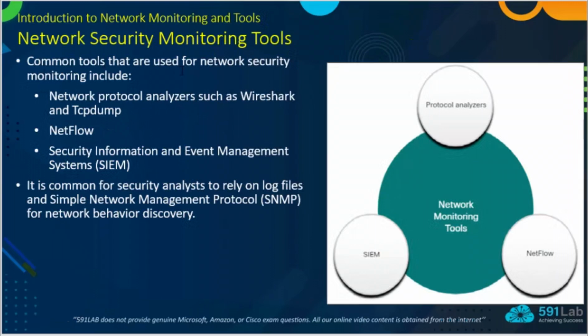Common tools used for network security monitoring can be network protocol analyzers such as Wireshark, tcpdump, NetFlow, and security information and event management systems (SIEM). It is common for security analysts to rely on log files and Simple Network Management Protocol (SNMP) for network behavior discovery.